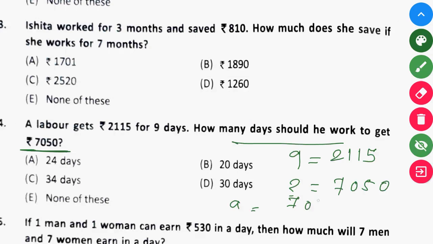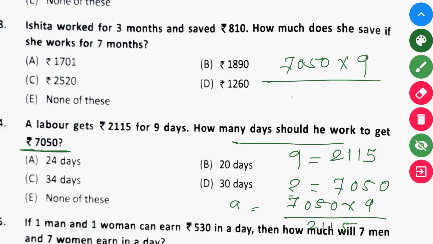A is equal to 7050 multiplied by 9 divided by 2115. Or we'll calculate the 1 day labor charges and then divide 7050 by it. So what you are going to do here: 7050 multiplied by 9 divided by 2115.